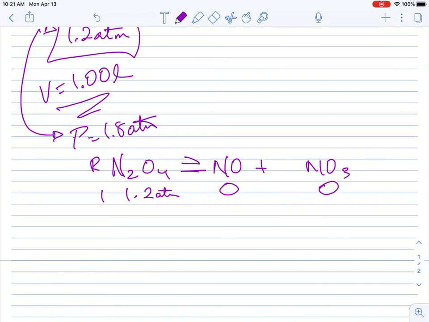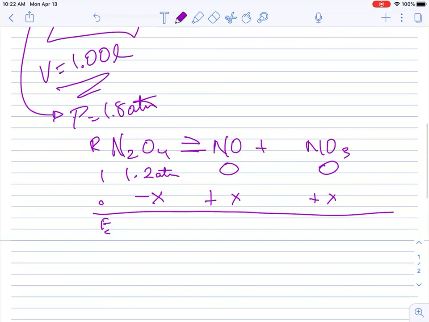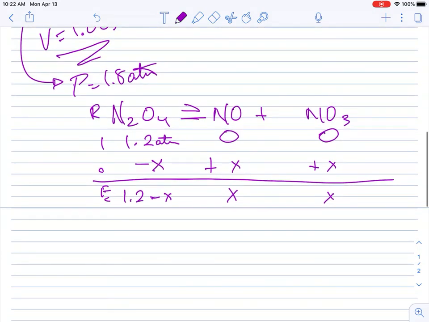And so here's your ICE chart. Some of the N2O4 is going to be lost, and we're going to add that over here and over here. So when we reach equilibrium, this is 1.2 minus x, and this x is significant. We have to keep track of that. That's x, and that's x.